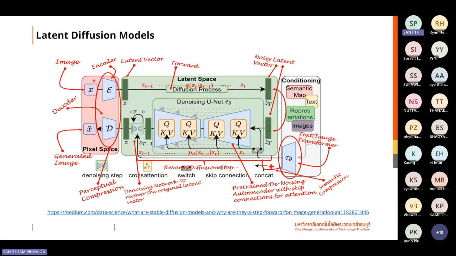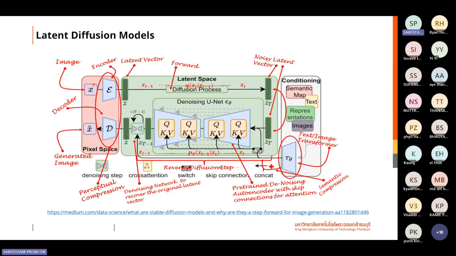It looks like this. Let's think about it in a generative way first. Suppose that we already have the model trained. This is the forward process, and this is the reverse process. In the forward process, you have the image here.